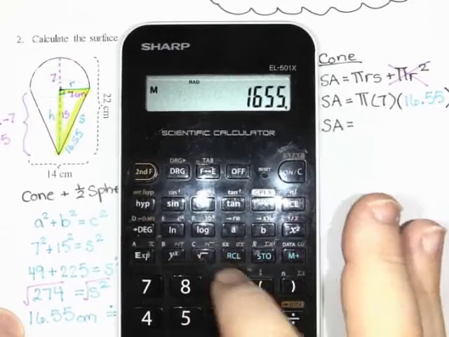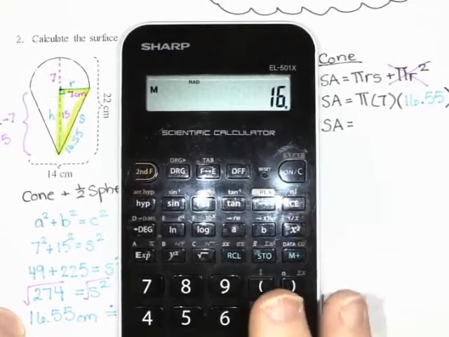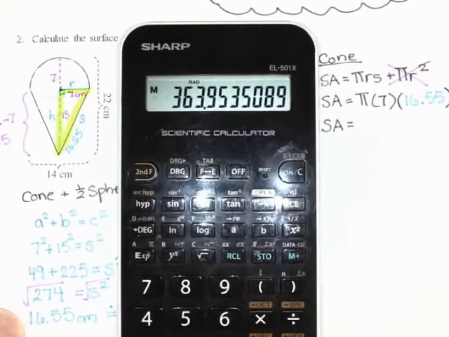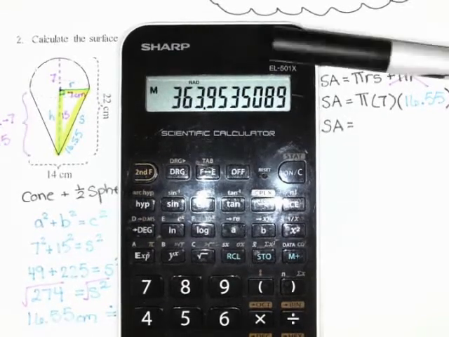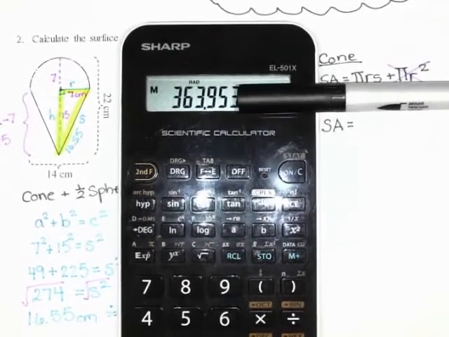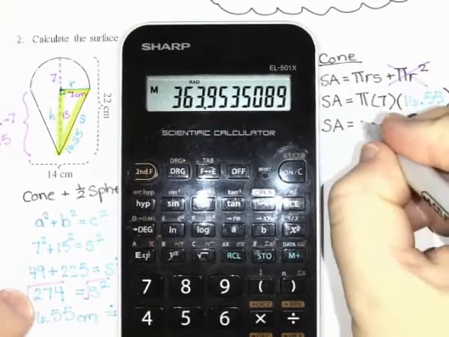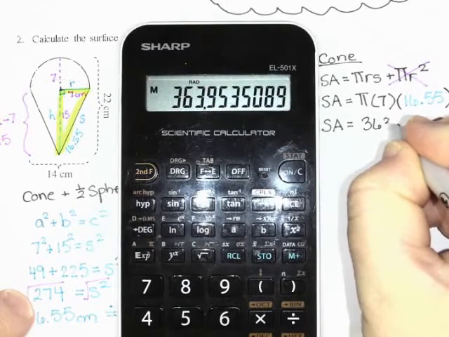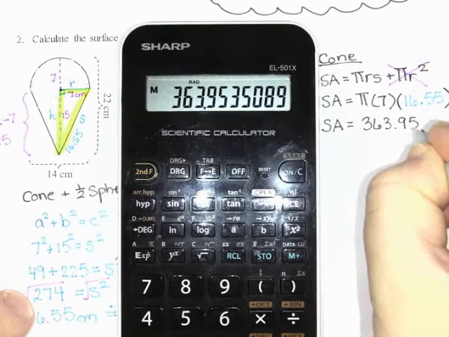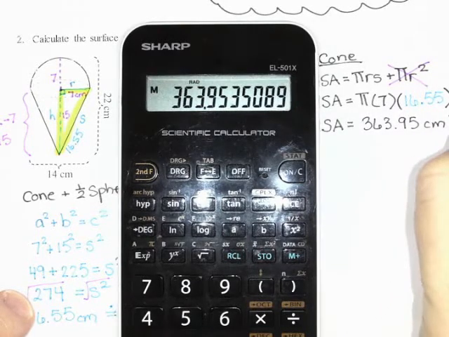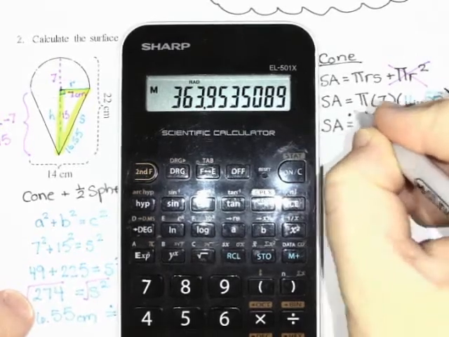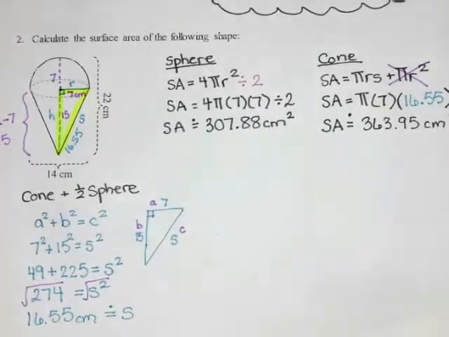Oops, I don't think the decimal worked there. Let's go back. 0.55 equals, and I get 363.95, and then the next number is a 3, so I'm going to leave it as 0.95. So 363.95 centimeters squared, and I rounded, so I'm going to put the approximately sign on there.